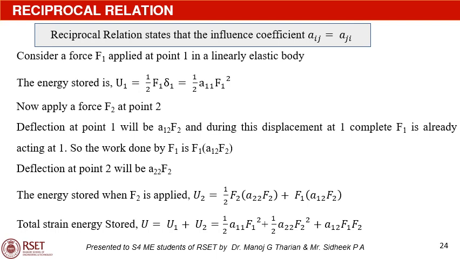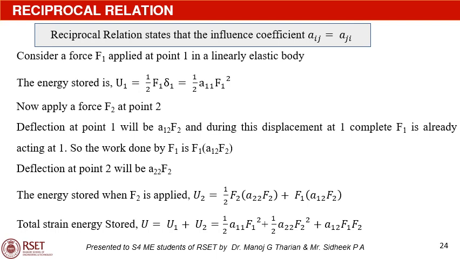Now on this body we apply a force F2 at point 2. The deflection at point 1 will be A12 into F2, and during this displacement at point 1, complete force F1 is already acting. So the work done by the force F1 is F1 into A12 F2. The deflection at point 2 is given by A22 into F2.